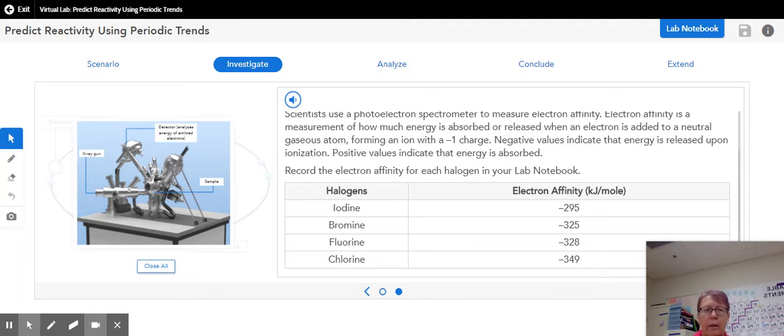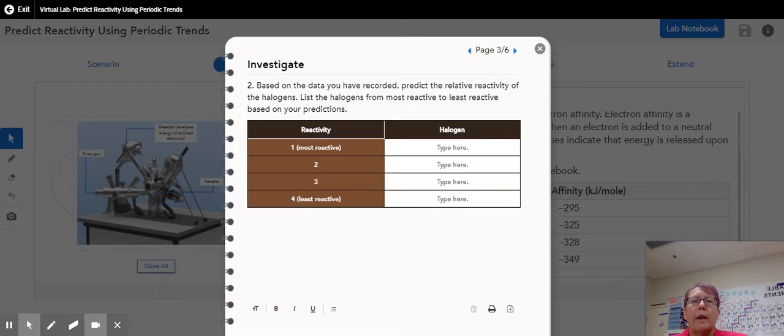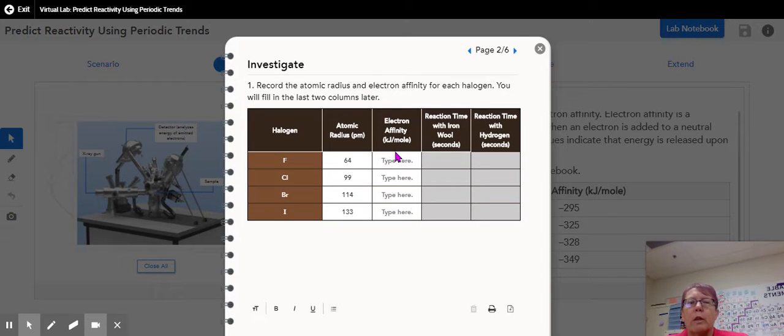So let's go over to my lab notebook again. And again, we've got to go back to page 2. I'm not sure why they did it that way, but it is what it is. So I'm going to type in my values. Minus 295 is, whoops, that's not right. That's iodine, so let's take it down here. Minus 295 is iodine.